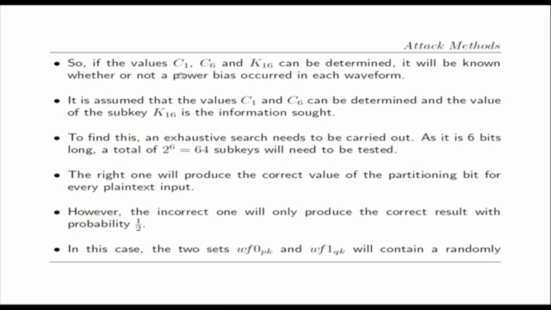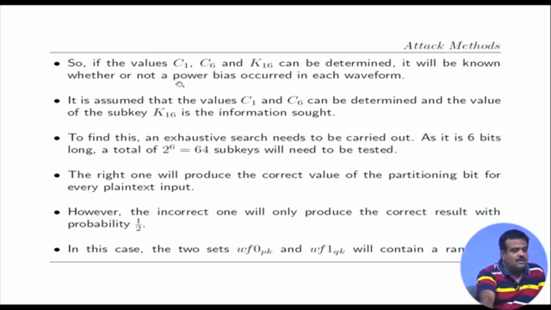If the values C1, C6 and K16 can be determined, it will be known whether or not power bias occurred in each waveform. It is assumed that the values C1 and C6 can be determined, and the value of K16 is the information sought. To find this, we do an exhaustive search on K16.